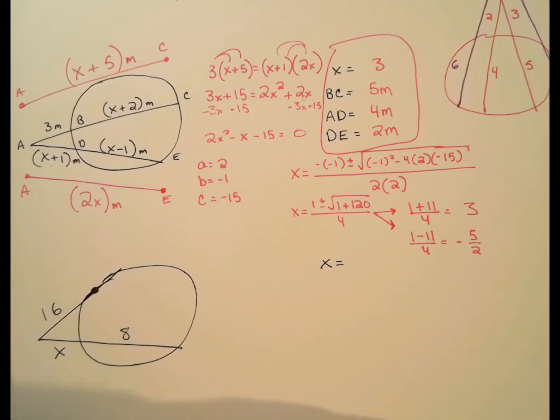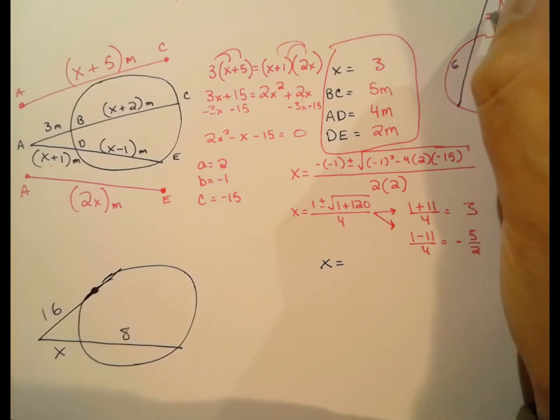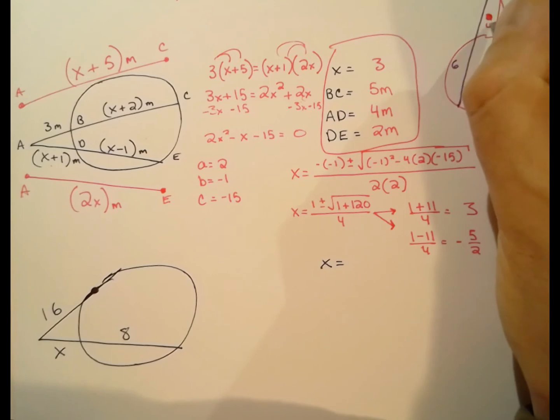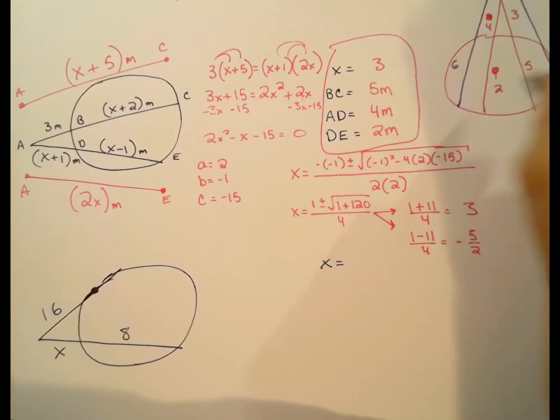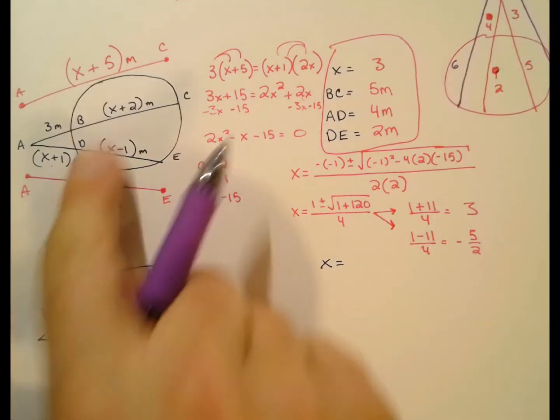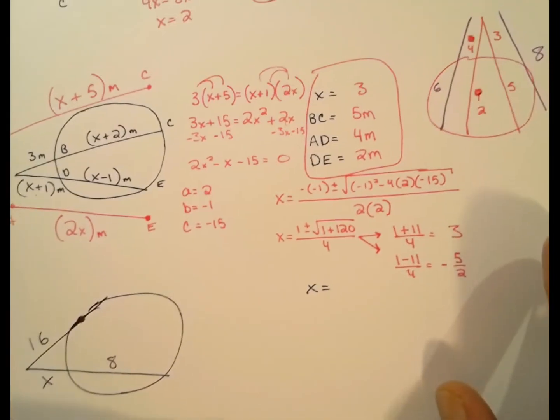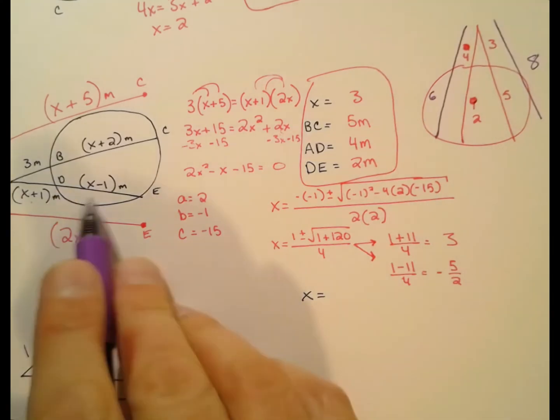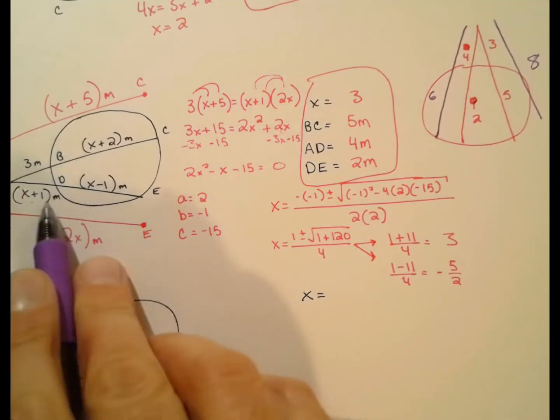And I labeled the problem wrong. I goofed this up. This is a 4, and that's a 2. And that's why the numbers weren't working out. Plus, silly me, and that one's a minus. I just switched those two in my mind.